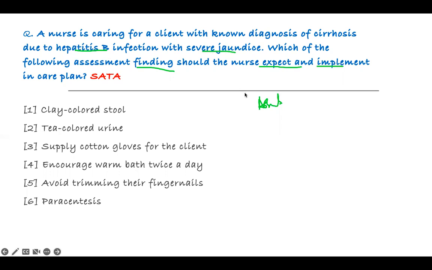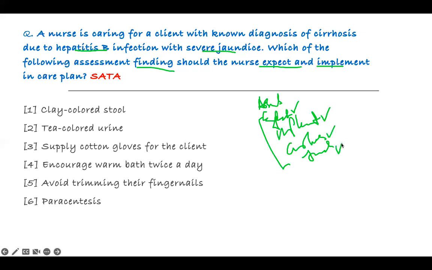What are my buzzwords? Well, expected finding, and I need to implement, somebody with cirrhosis, with jaundice. So this is almost 3 to 5 words, close to 4. Expected finding, implement, somebody with cirrhosis, and jaundice.